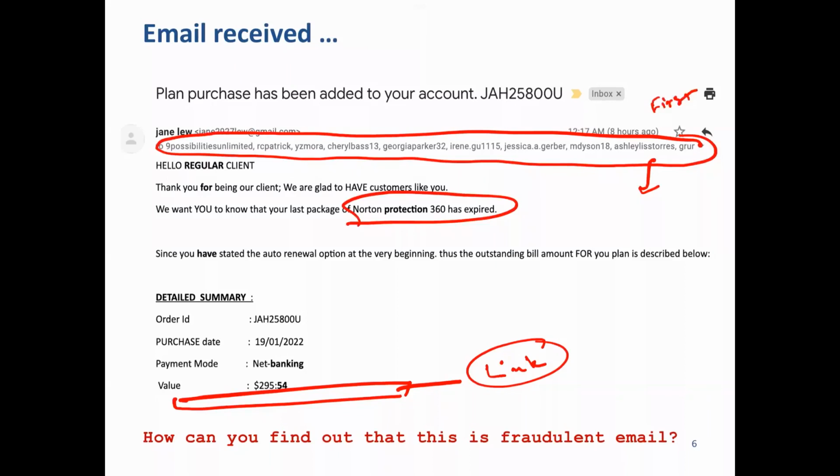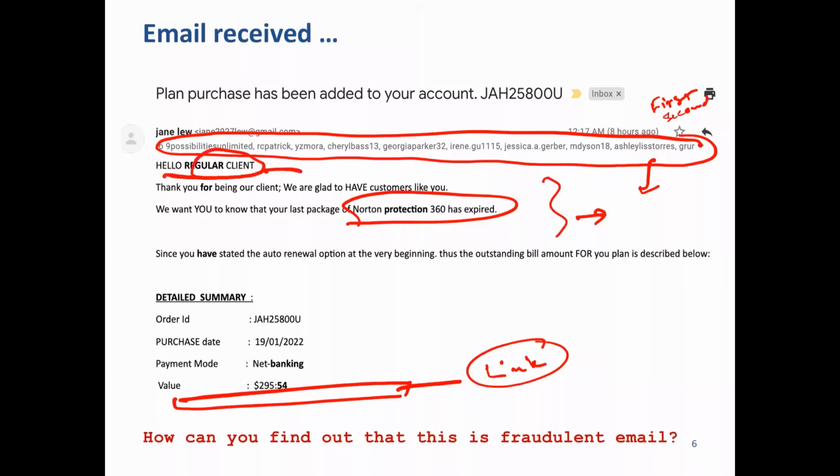What else can be there? The sender's email is not of an organization. That's true. Very good. The second very good point. Excellent. What else can you find out? The language here itself shows that it's not typical corporate communication language, right? And secondly, they will never send this to a regular client like this.